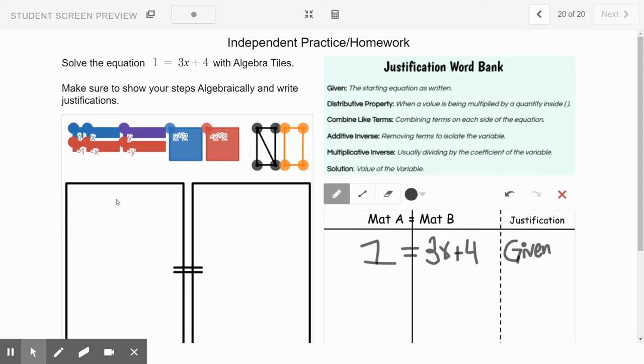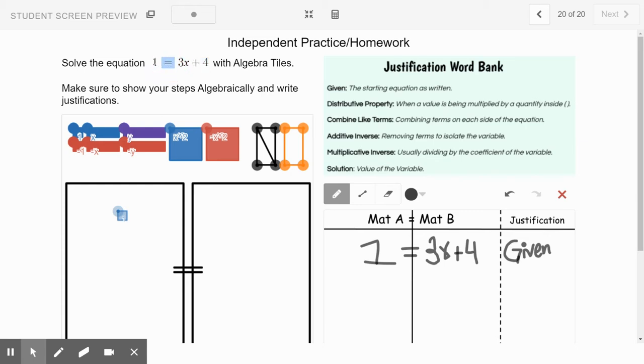Now what I need to do is build my equation. Since there's the equal sign, it's now an equation. Remember, an expression would be something like this 1 or this 3x plus 4. It's a mathematical sentence you could think of, but it doesn't have the equal sign.